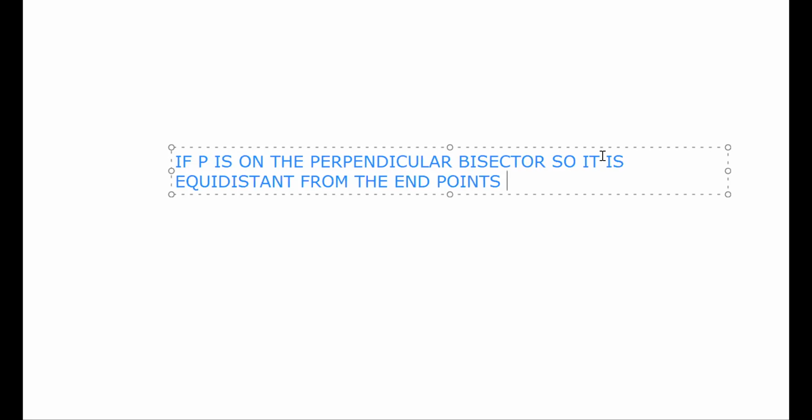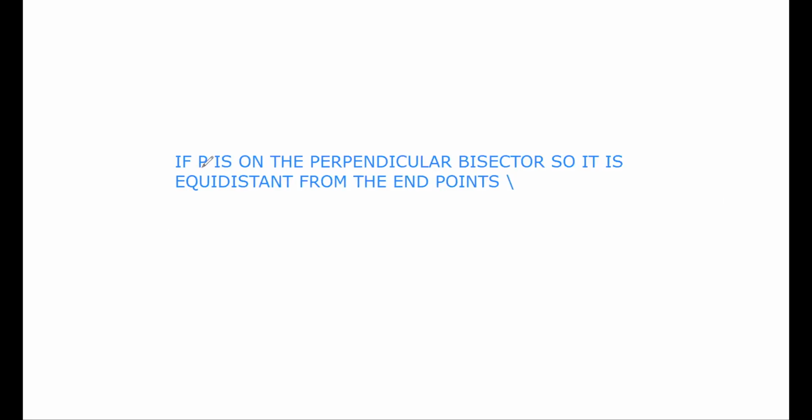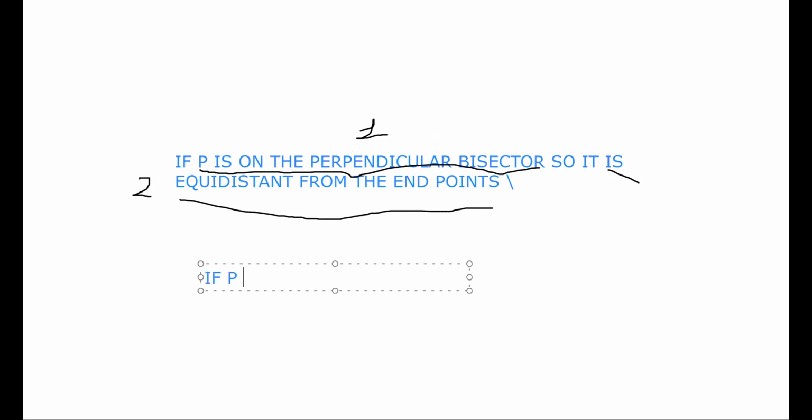What I am trying to do now is the converse. The converse will be the opposite. In here, girls, these are my two events. The first event is if P is on the perpendicular bisector. The second event, so it is equidistant from the endpoints. So to do the converse, what will happen? I'm just going to swap 1 and 2 together. Let's swap them. If P is equidistant, this is what happens first.